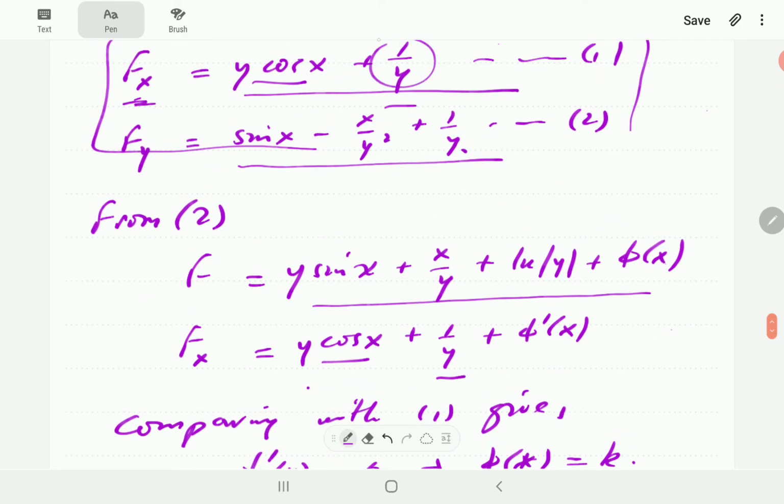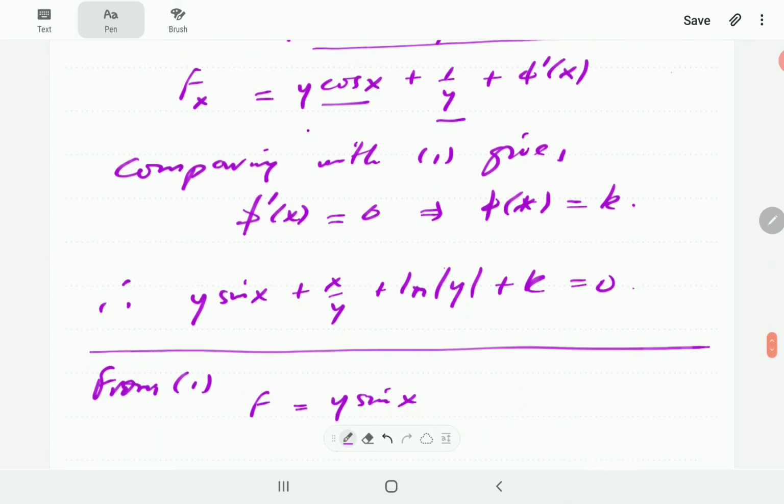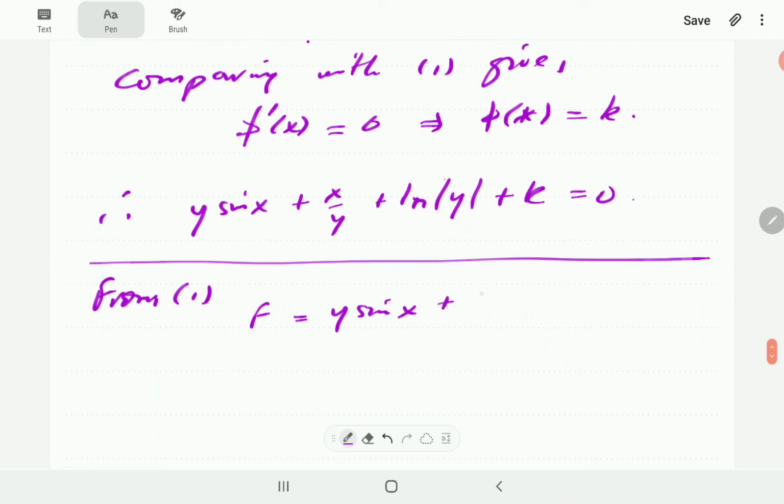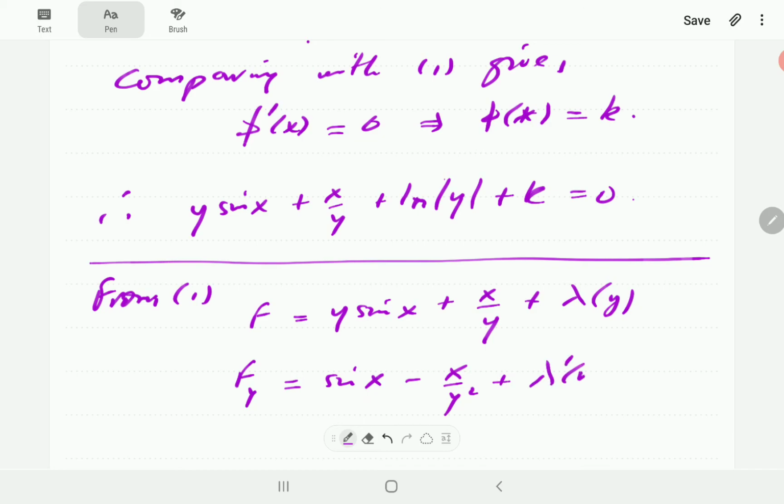Then integral of 1 over y with respect to x is going to be x over y. Then we are going to say this plus some function of y. Then if we differentiate this with respect to y, this is going to be sine x minus x over y squared plus lambda prime of y.